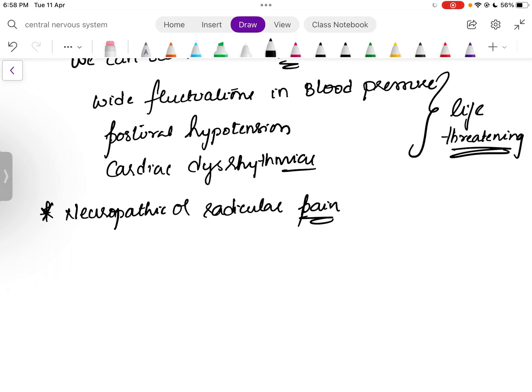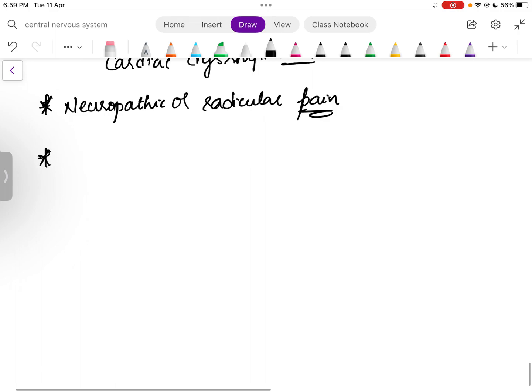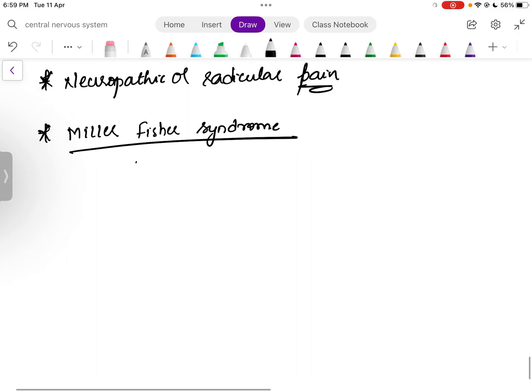Next, these are the features which we see in Guillain-Barre syndrome. And we have talked about Miller-Fisher syndrome. What happens in Miller-Fisher syndrome? What symptoms? It is a triad. We can see a triad of symptoms. What triad?